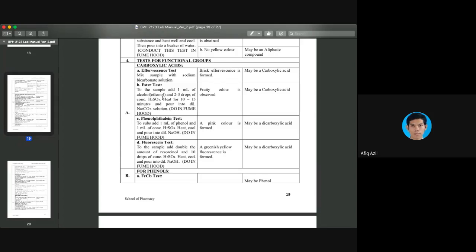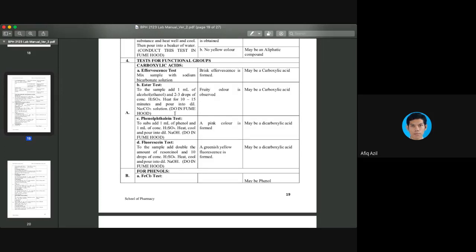You cannot straight away mix phenol with carboxylic acid in the presence of sulfuric acid or strong acid. That will not change phenol into ester. So that is another example in which you can differentiate between carboxylic acid and phenol.